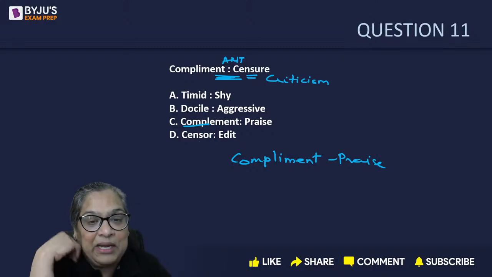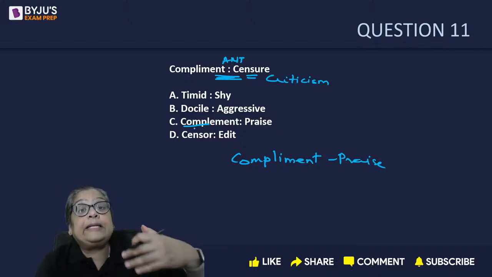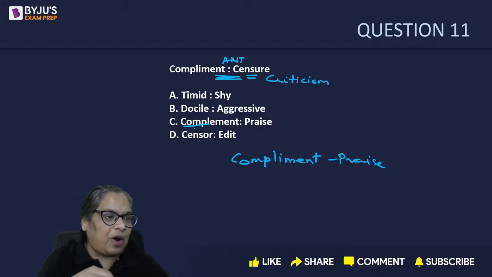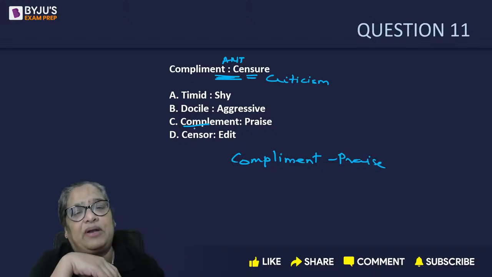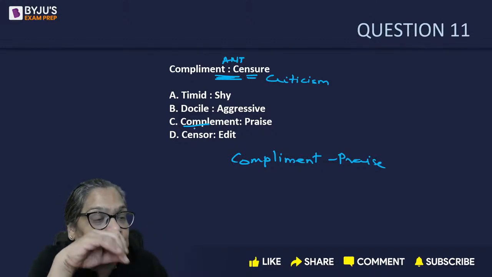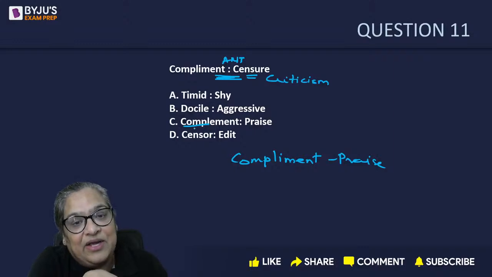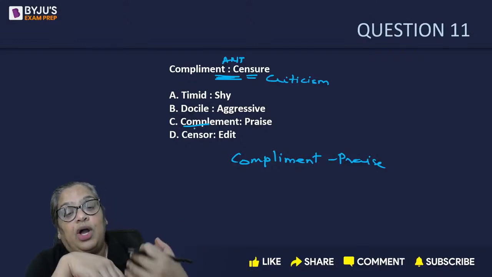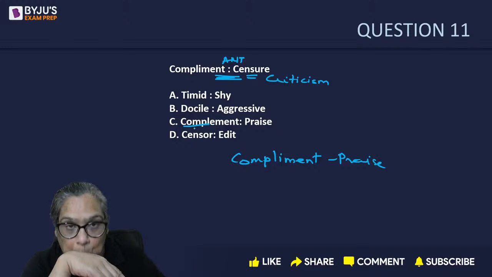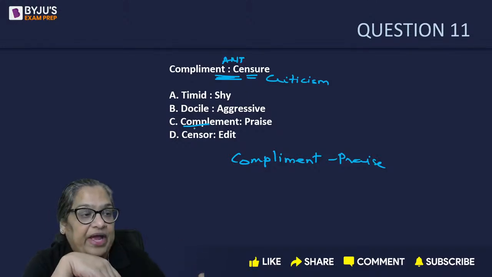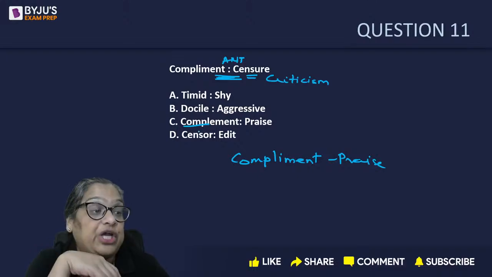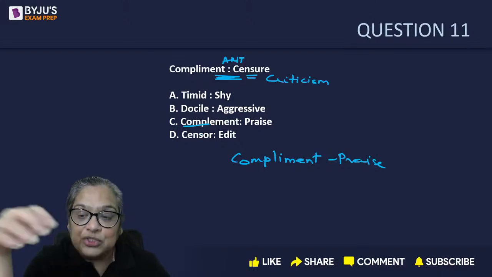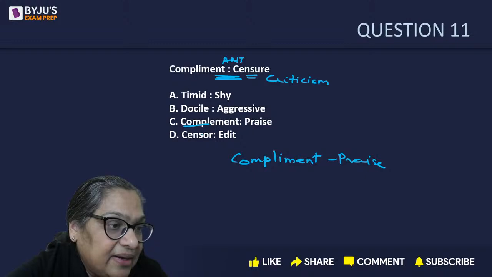What does that mean? That means something that completes. You know, in geometry, you've learned complementary angles, supplementary angles. What's the complementary angle? Something that completes to make it 90 degrees. Otherwise, we'll say the shoes you wear complement your clothes, means add to the beauty of. All right. So complement here.